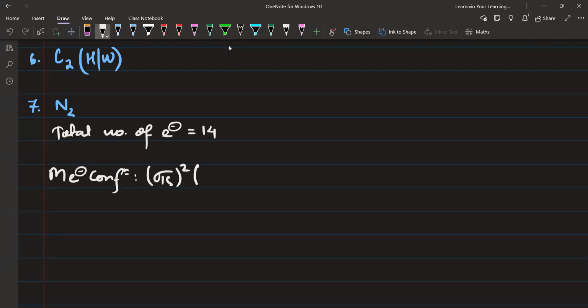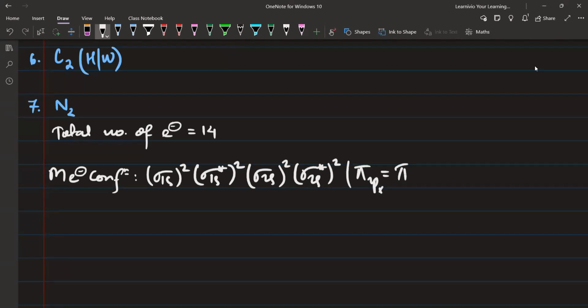Sigma 1s2, sigma star 1s2, sigma 2s2, sigma star 2s2, then pi 2px equal to pi 2py.